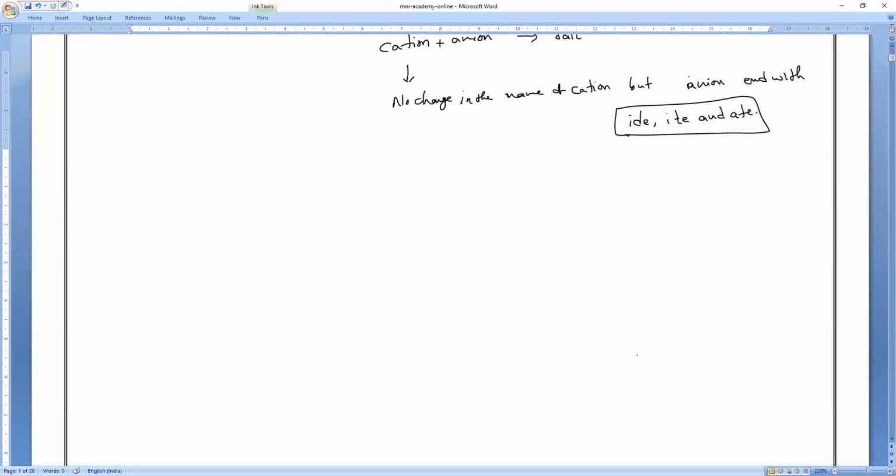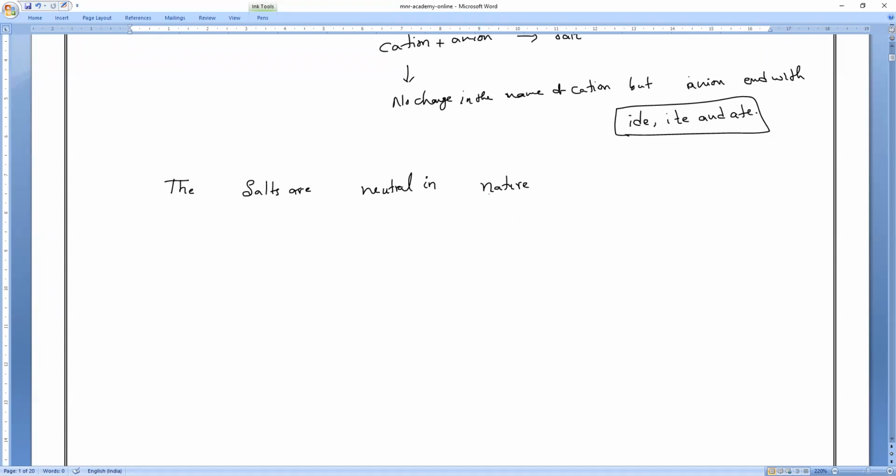Now, as these salts are formed by acidic radicals as well as basic radicals, the salts are neutral in nature. Neutral means they are not positively or negatively charged; they do not have any charge.